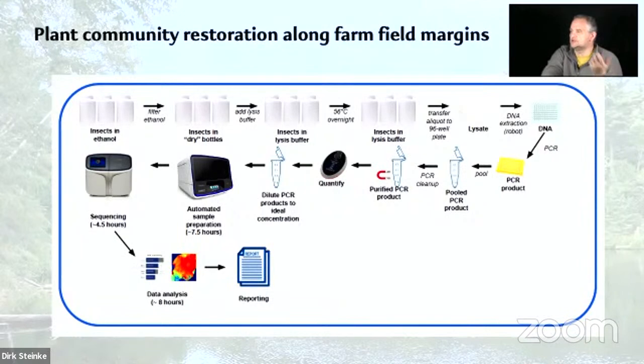We also looked at community restoration along farm fields. This is a very similar process. You've seen that before. We use the same protocol. What we're doing is having traps on farms, regular farms, but with one little difference. We have regular, real large-scale operations, but also smaller farms, a few of the ones that do more environmentally oriented farming.